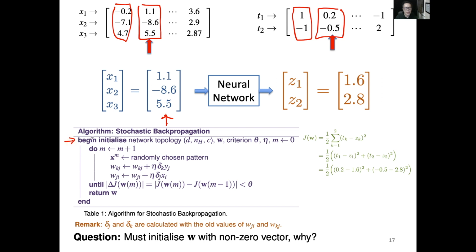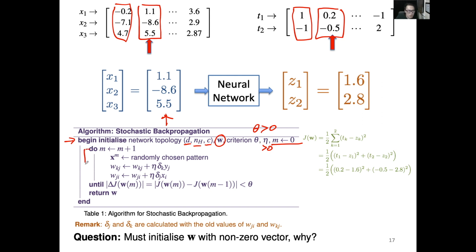We are going to initialize the network topology, that is to determine the number of inputs, number of hidden nodes, as well as the number of outputs, as well as initialize the connection weights in this neural network, as well as the stopping criterion theta, which is a positive value. So theta greater than 0, and the learning rate is greater than 0 as well, and the counter m is 0.